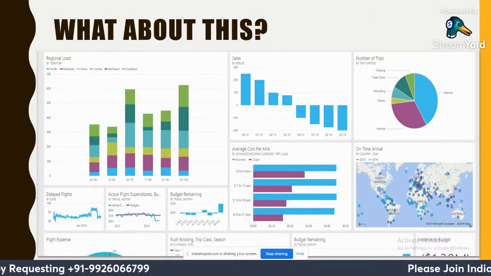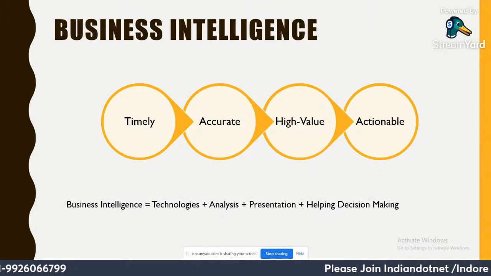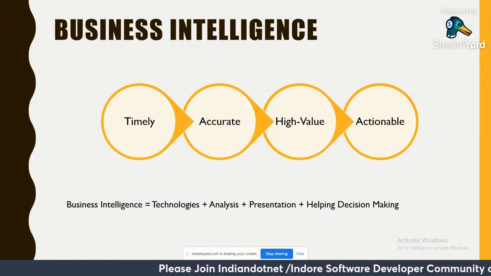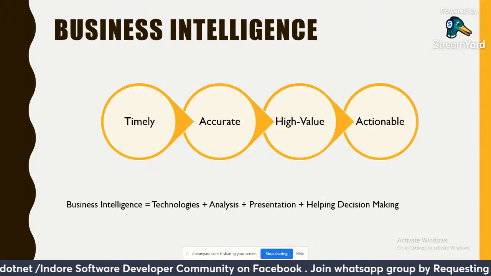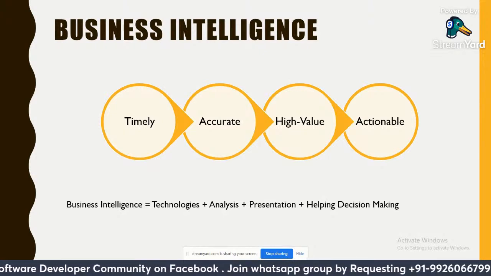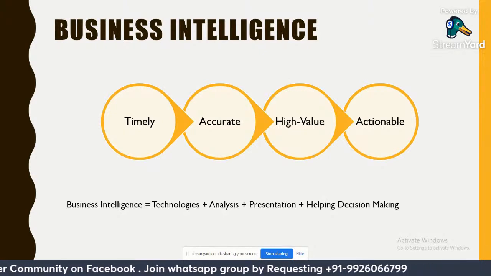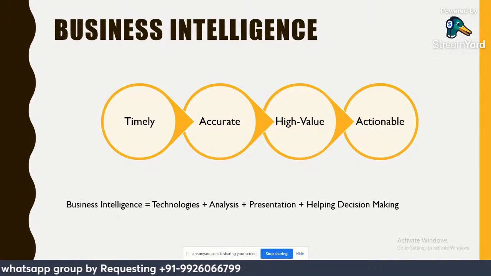Now let me ask you, what is business intelligence? Business intelligence is a technology with which we can give timely, accurate, high-value, actionable inputs. Why timely, why accurate, and why high-value actionable input?